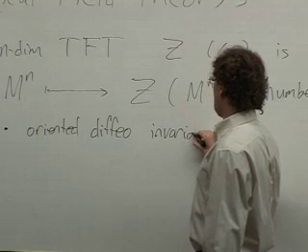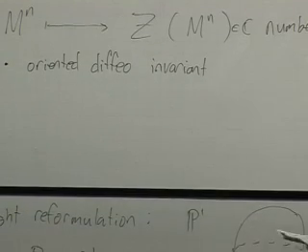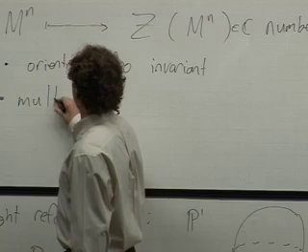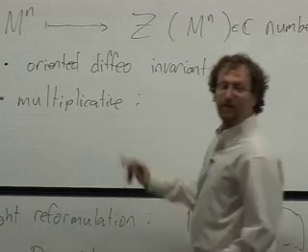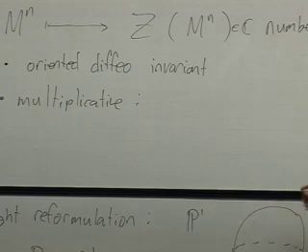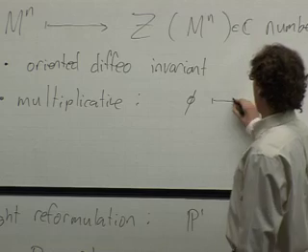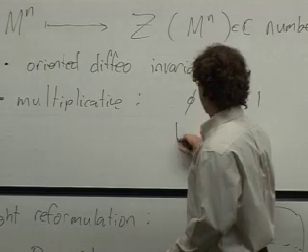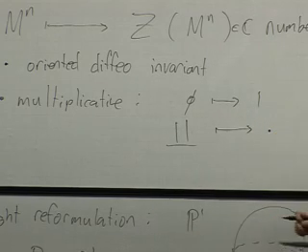So we're going to assign a topological invariant to manifolds of dimension n, and it's going to have the property that it's multiplicative. And so the multiplicativity is going to say, first of all, the empty manifold goes to 1, and disjoint union of manifolds goes to the product of complex numbers.